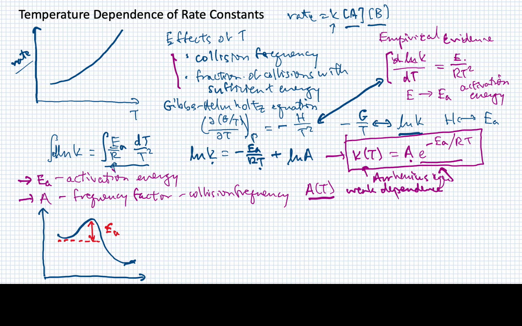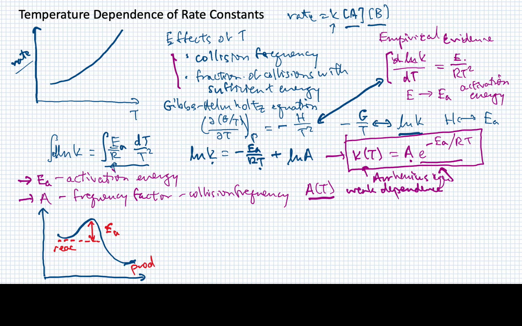So the thing that really controls the rate of reaction is how high is that barrier that the molecules must traverse in order to get from reactants on this side to products on this side. All right, so this is the thing that really controls the rate of that reaction.